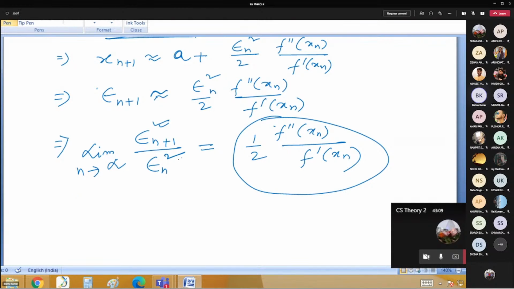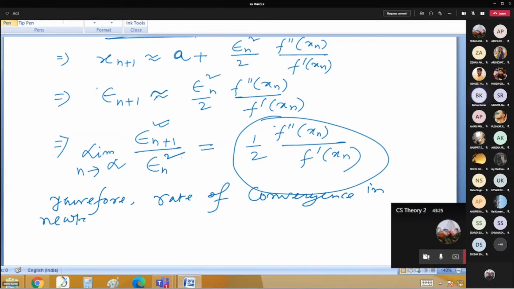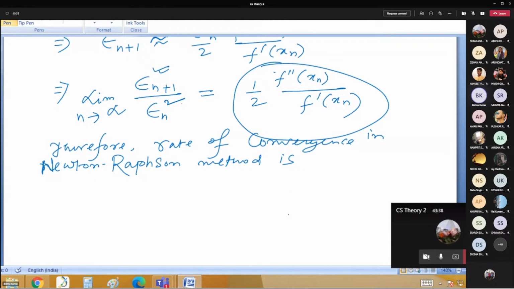Therefore, by watching these two values, you will write here: because of that two value, it is quadratic.